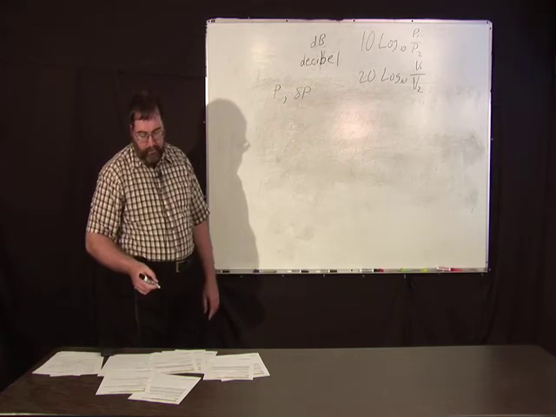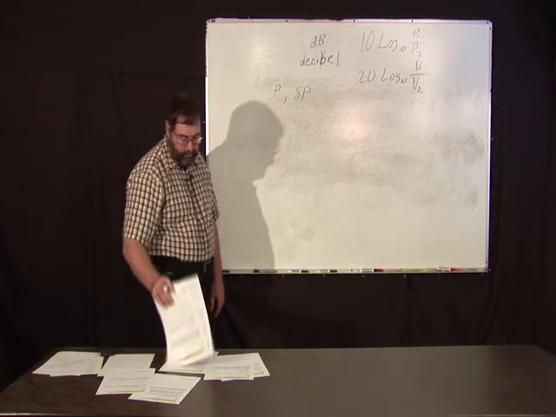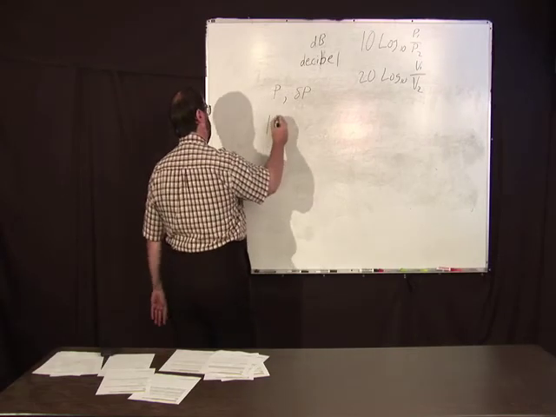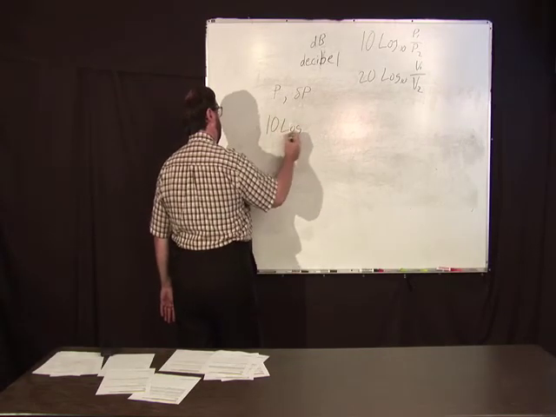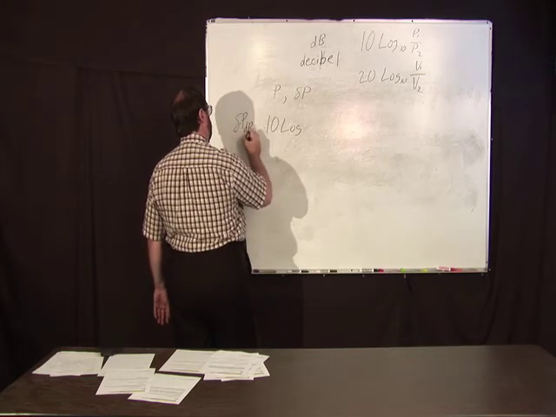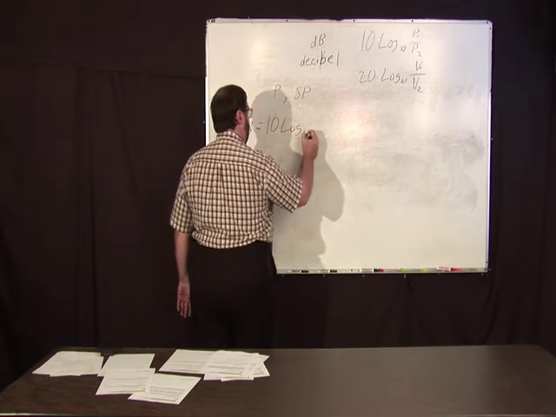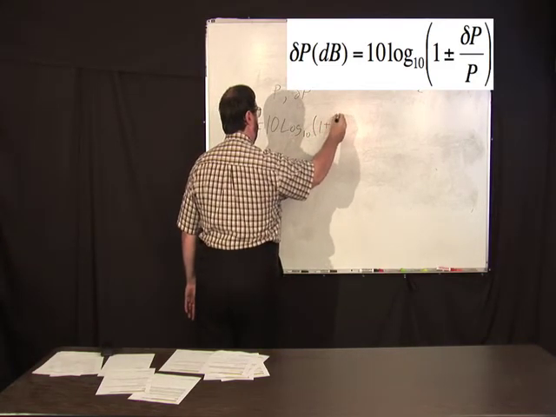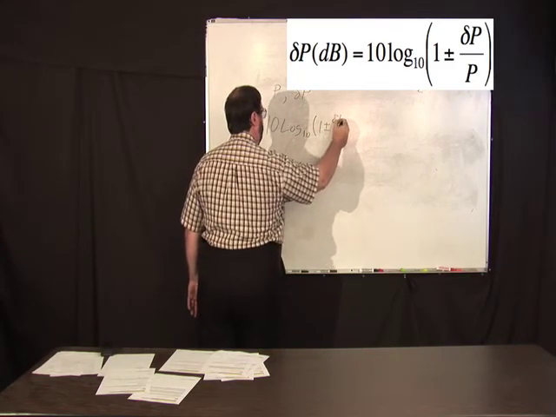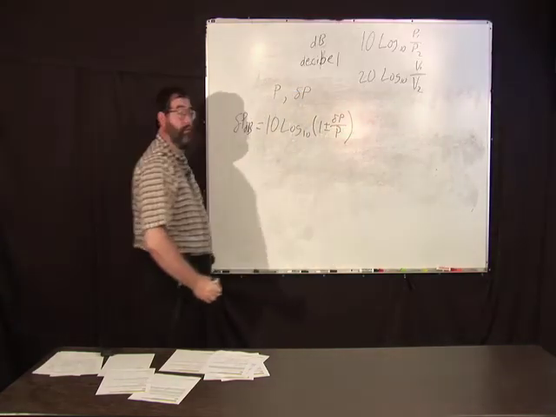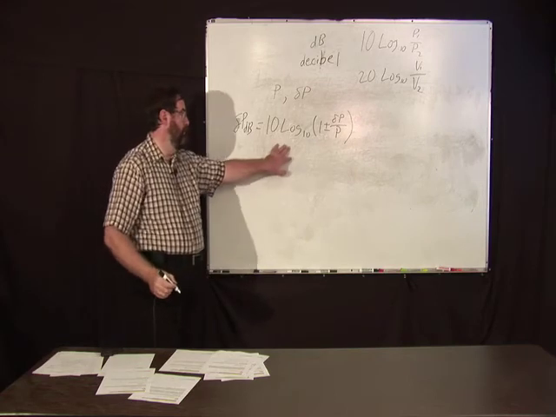It turns out that the way you do that is you take 10 log base 10. The uncertainty of P in dB is equal to 10 log base 10 of 1 plus or minus delta P over P. It's not going to be symmetric generally.